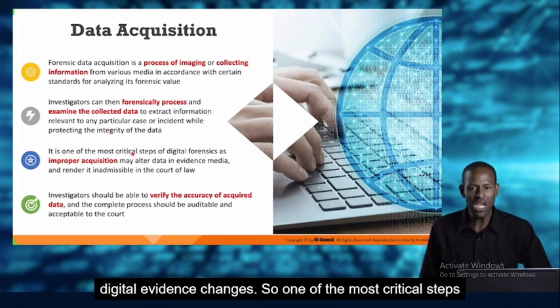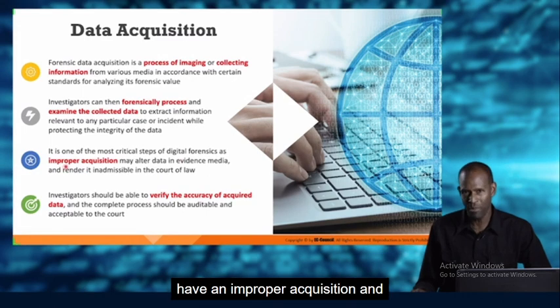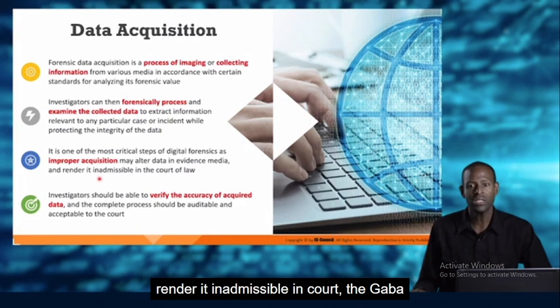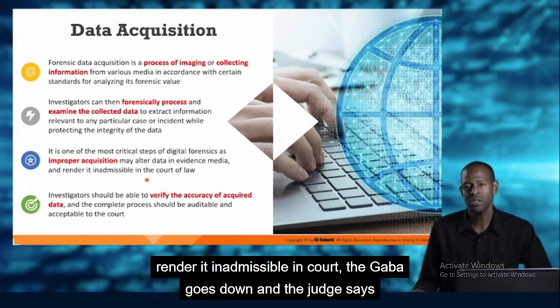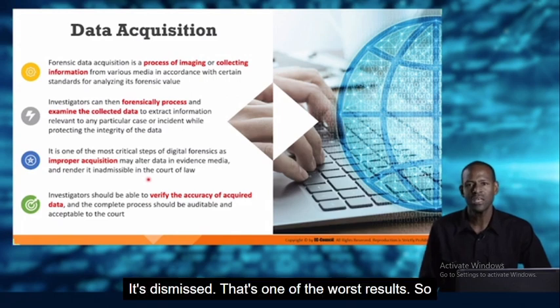So one of the most critical steps is if we have an improper acquisition and we alter the evidence, alter the media, then it will render it inadmissible in court. The gavel goes down and the judge says it's dismissed. That's one of the worst results.